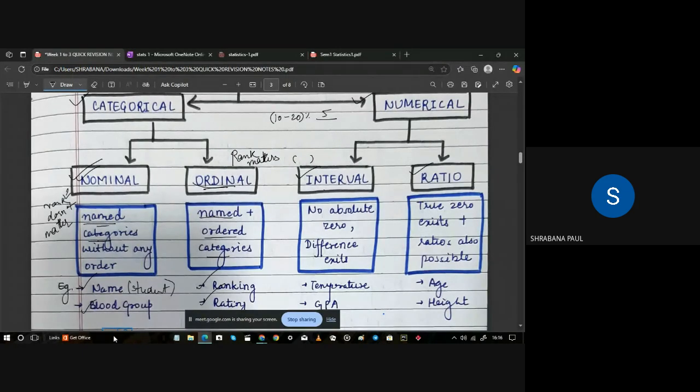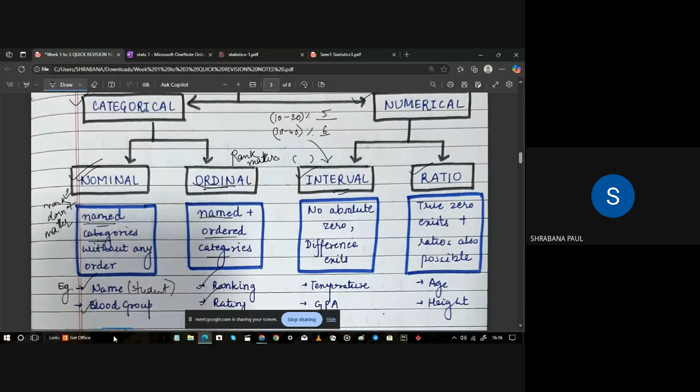Say 5 students have secured 10 to 20%. Then 30 to 40% marks has been secured by 6 students. So this kind of statistical measure is done by interval variables.